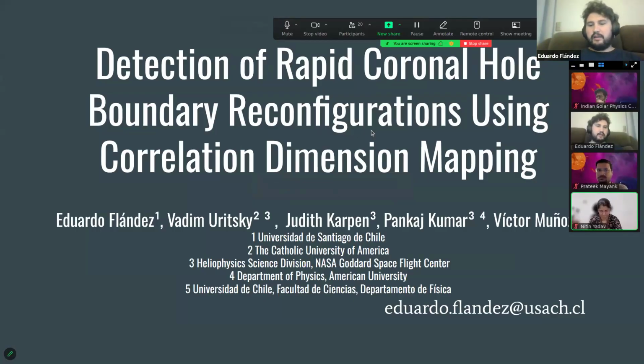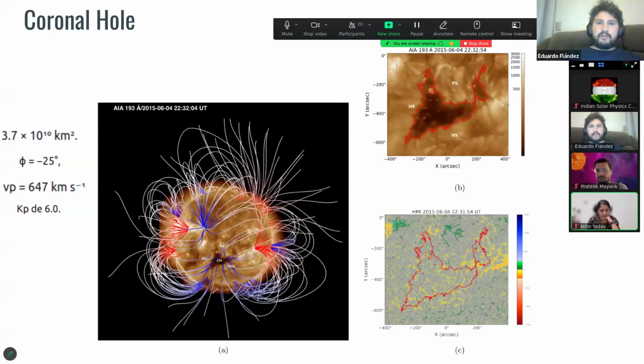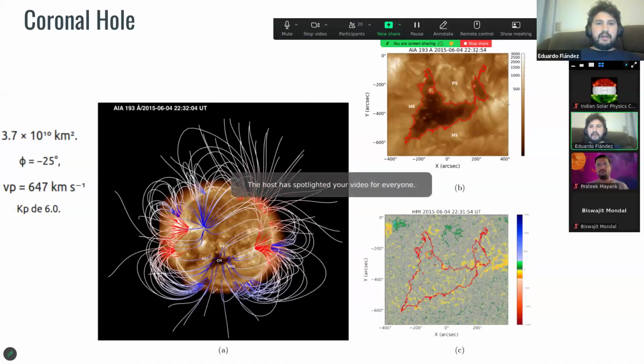This was one of the chapters of my PhD thesis. The main idea is to try to understand how the coronal hole boundary irregularities can give us a proxy about the interchange reconnection process.